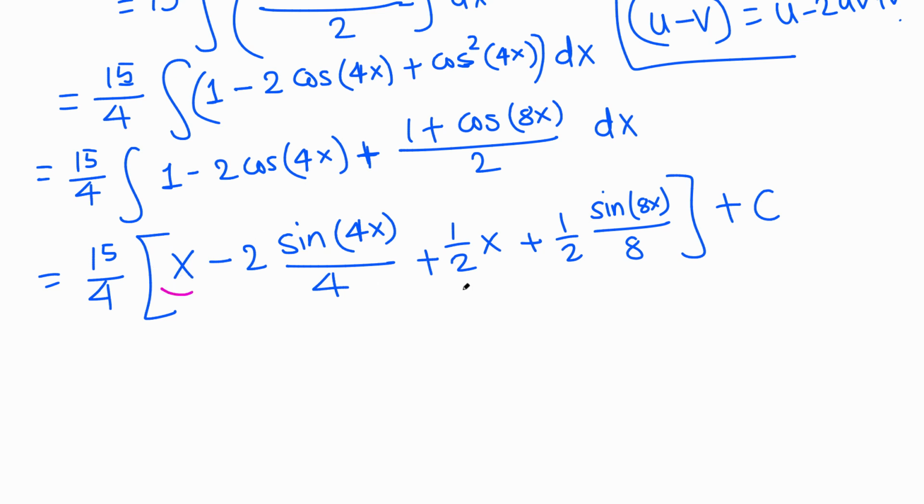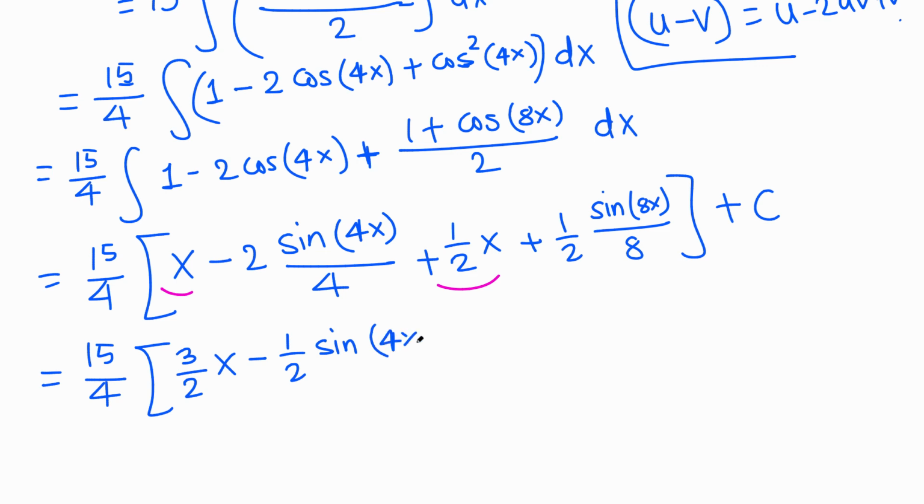1 copy of x, 1/2 copy of x. So let's combine those. 15/4 times 1 copy, 1/2 copy, so 3/2 x. And this one is minus 2/4, which is the same as minus 1/2, because 2 goes 2 times, sine 4x.